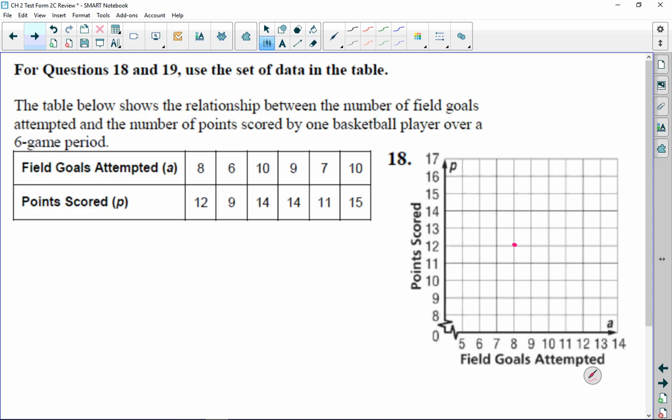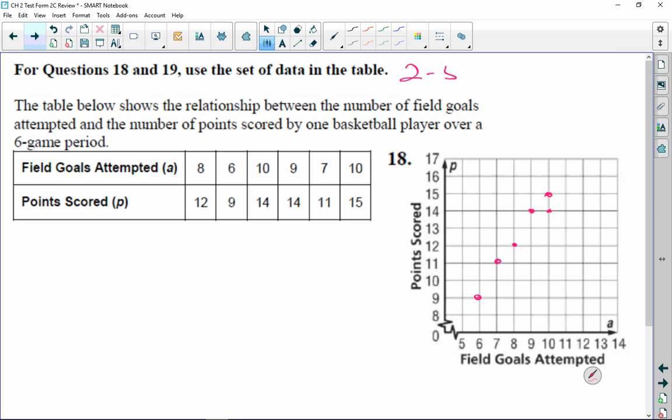Plot a point. 6 and 9. 10 and 14. 9 and 14. 7 and 11. 10 and 15. This is all 2-5 stuff.